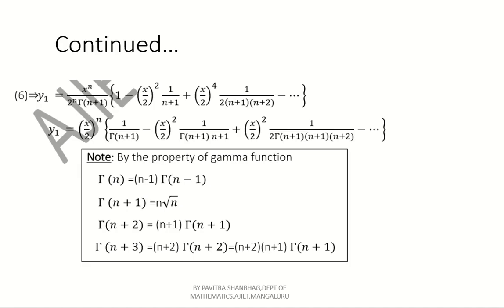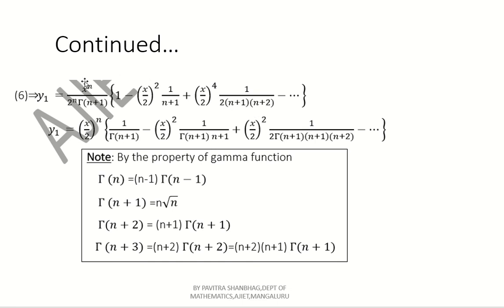See, x by 2 whole square into 1 by n plus 1. Similarly, 2 power 5 is in the denominator and x power 4 is in the numerator. I will split 2 power 5 into 2 power 4 into 2 power 1, so it will be x by 2 whole power 4 into 2 into n plus 1 into n plus 2.